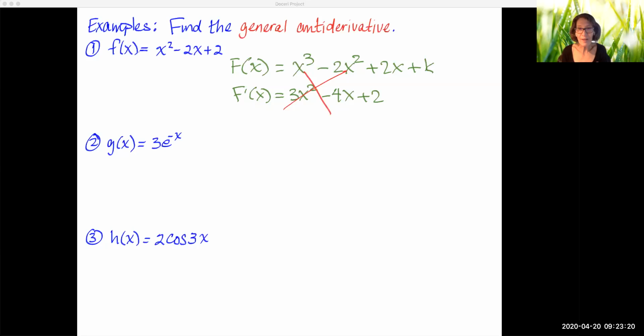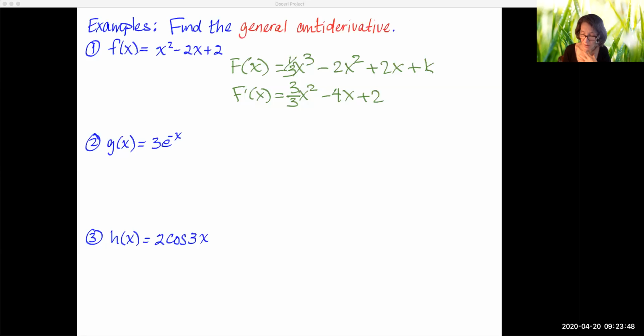I'm supposed to get just x squared. Well, it looks like that 3 was the only problem. So maybe my guess should have had a 1/3. If I had tried 1/3 times x to the third, then when I differentiated, I would have gotten 3/3 times x squared.